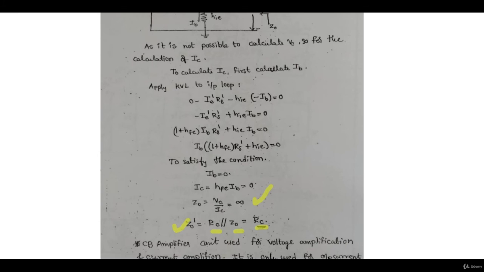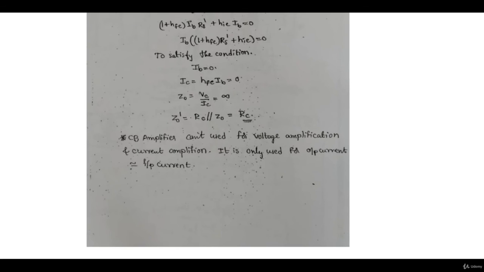It provides neither voltage gain nor current gain, so it can't be used for voltage or current amplification. It is only used when you have to provide a buffer, with output current equal to input current, and in places where you want very low input impedance and very high output impedance. Okay.